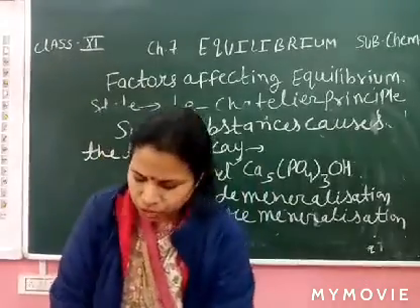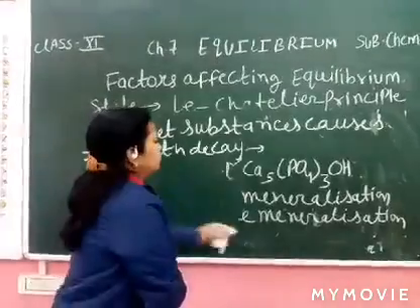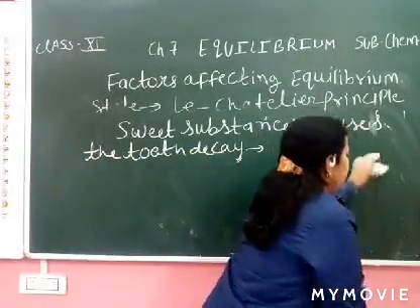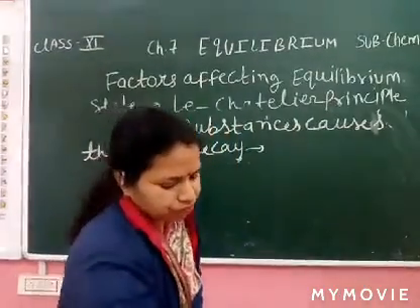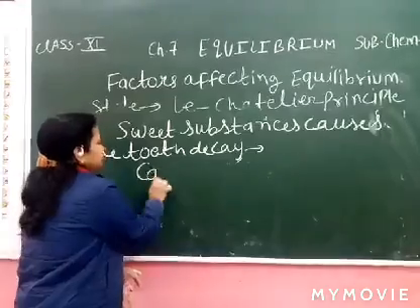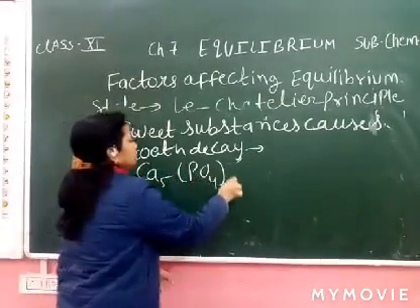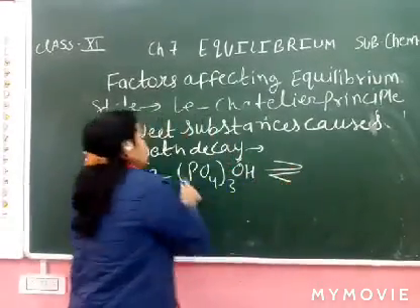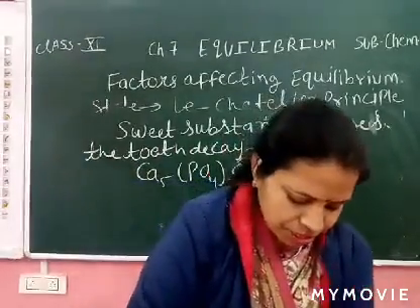So let's see what happens on the tooth. There is also an equilibrium present. The tooth enamel breaks into ions. How many ions are present here?